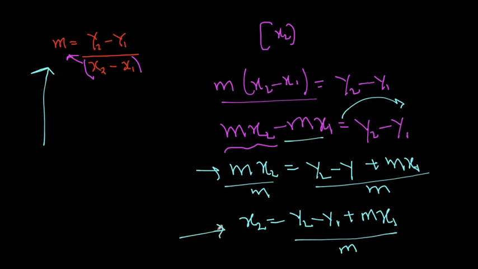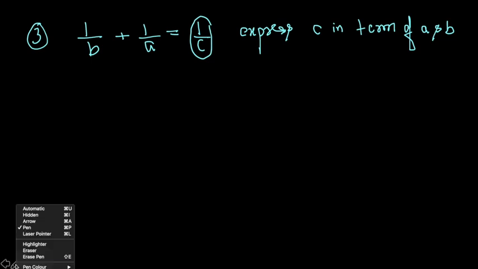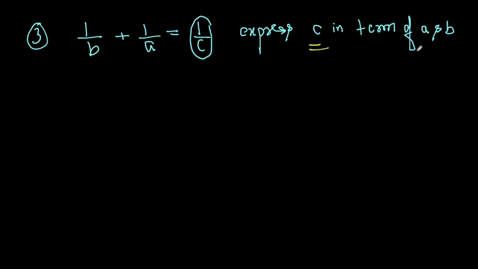So let's start with another question, which is 1 over a plus 1 over b is equal to 1 over c. Right now the subject is this one, 1 over c. Now we want to make our subject c in terms of a and b.